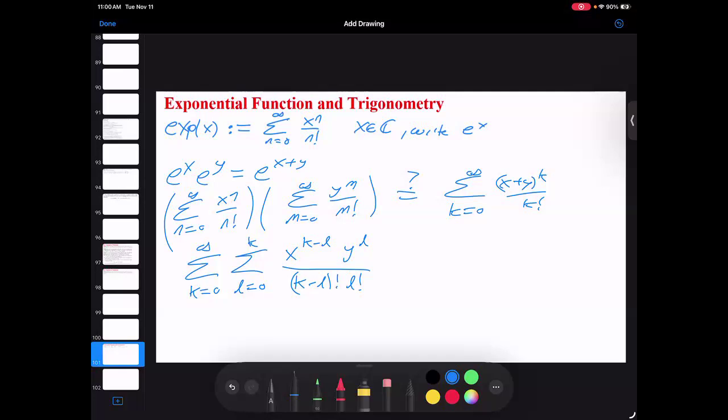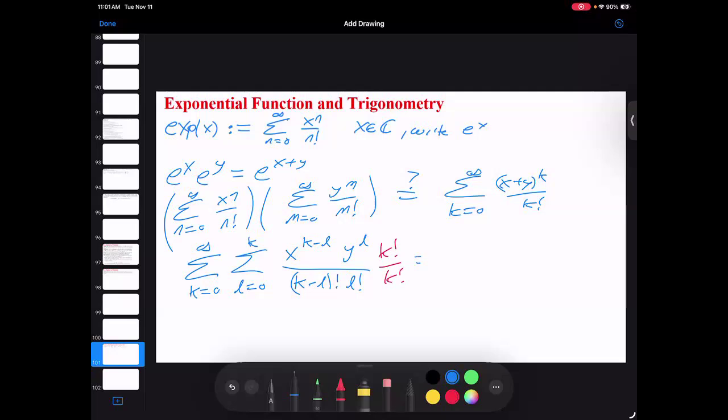Now, hopefully, when you look at this, you see a k minus L factorial, L factorial. Something should be going off in your mind. This should look like something. Combinations. What are we missing? What would we love to have? You've got a k minus L factorial and an L factorial. Yeah, you'd love to have a k factorial. So can we just put a k factorial upstairs? As long as we divide by k factorial.